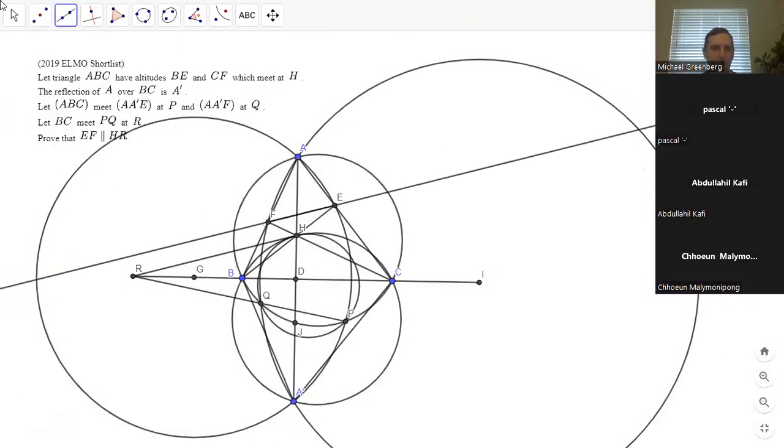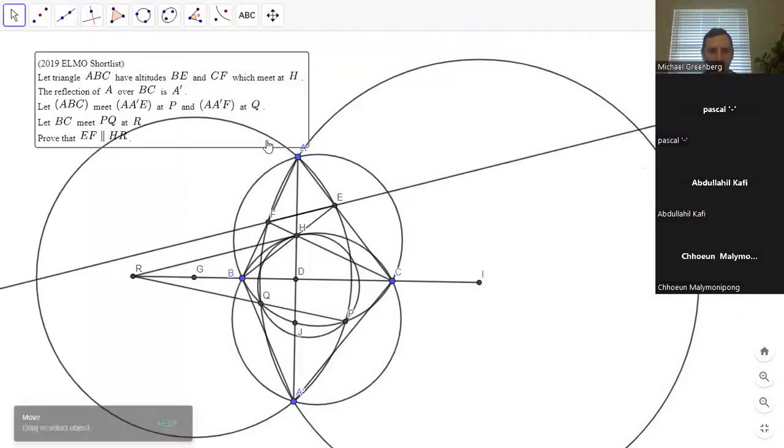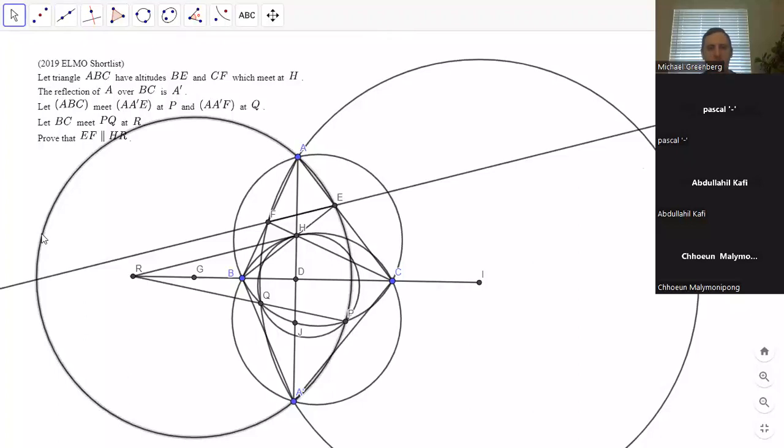And this circle right here, what would it do to this circle? So A goes to the point at infinity. E goes to C, and where would A prime go to under that inversion?